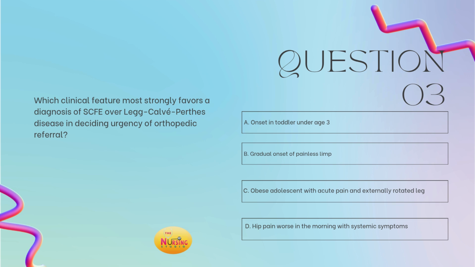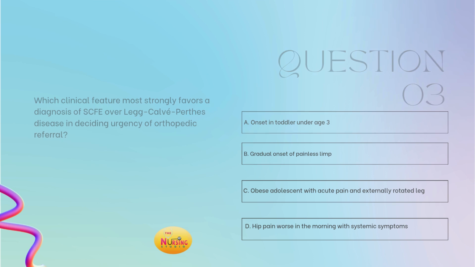SCFE commonly is in obese preteens and teens, having that rotated leg, hip, with sudden pain, whereas Legg-Calvé-Perthes sometimes doesn't have pain at all or is gradual and mild in nature. So C is your best answer for those classic determining factors, okay?